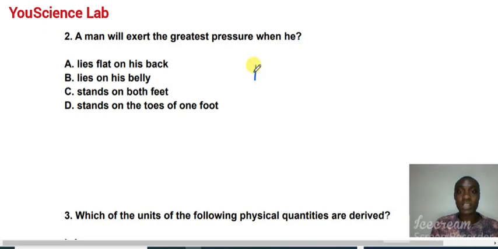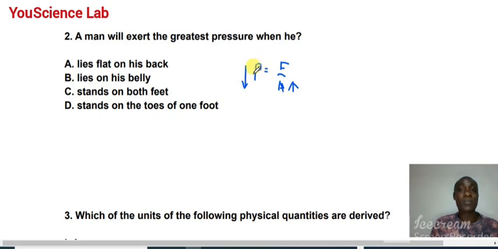Let's see. You know that pressure is equal to force divided by area. So what this means is that because pressure is inversely proportional to area, if you increase the area, the pressure will decrease.